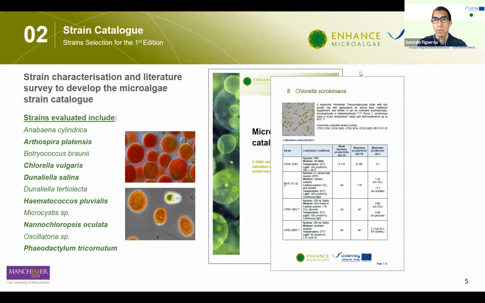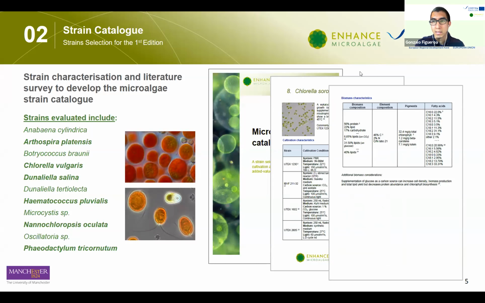This will be followed by a table that includes the cultivation characteristics of the microalgae, including different culture media, temperature and light conditions, and also, importantly, the biomass productivity and the yields.